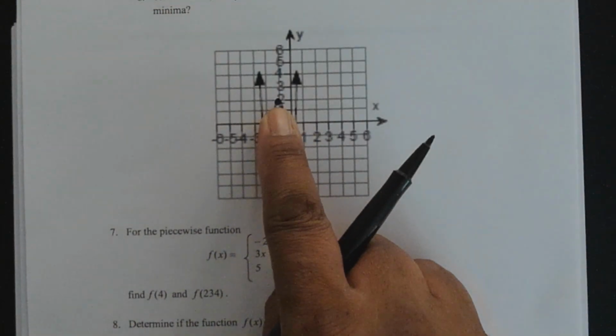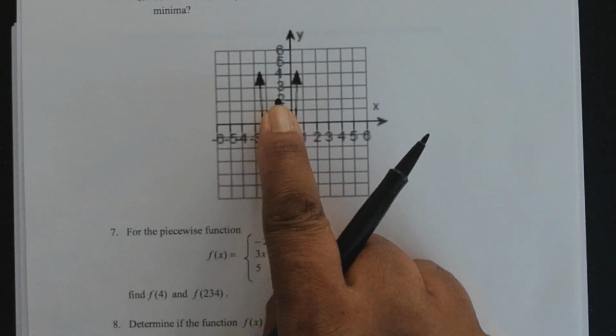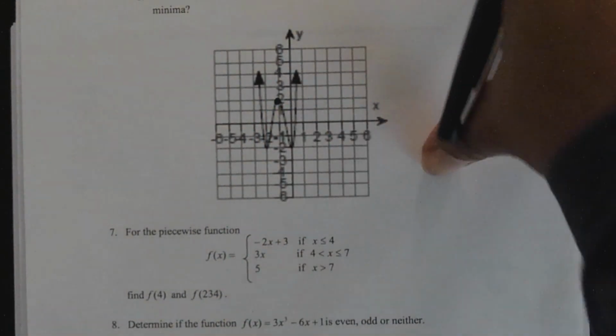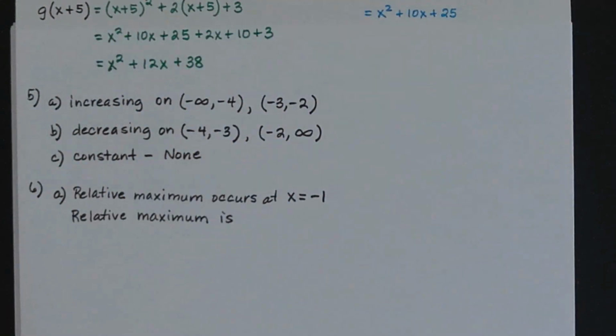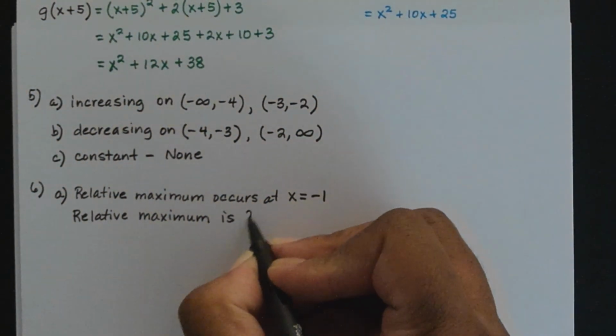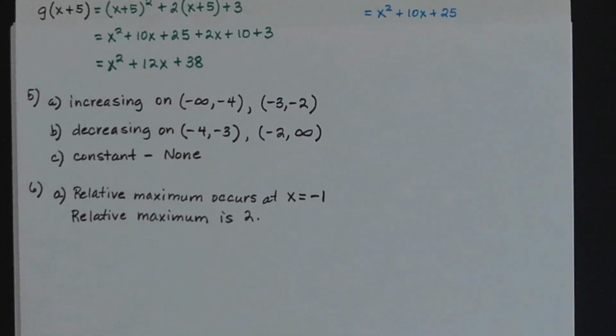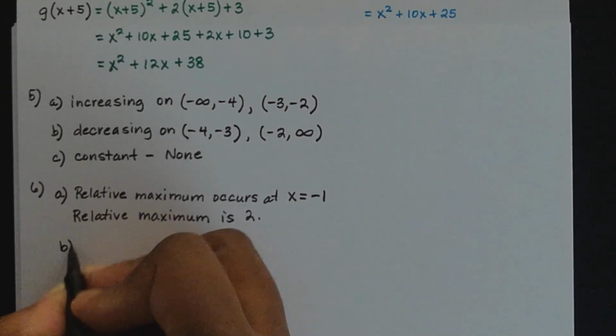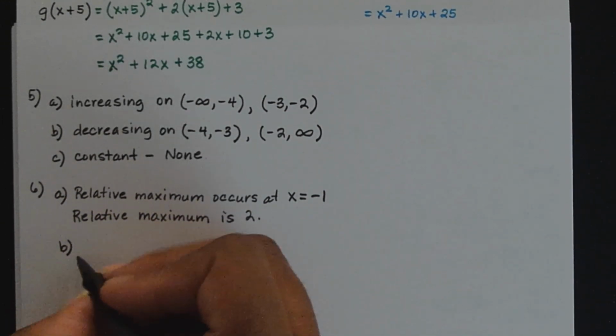So the y value associated with that will have to be 2. So the relative maximum is 2, and it occurs when x is equal to -1. Okay. Are there any questions about part A?